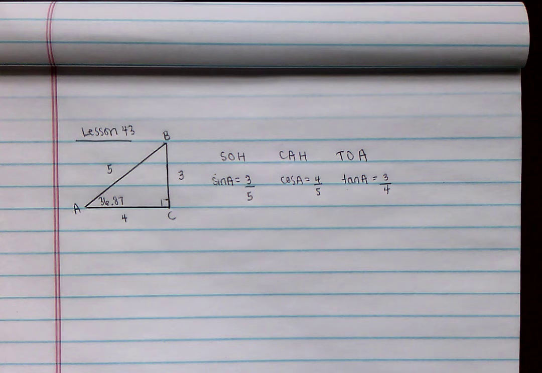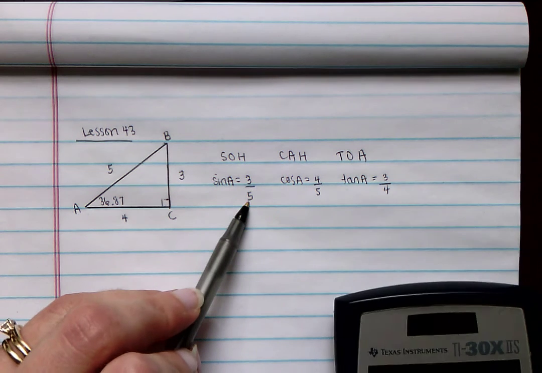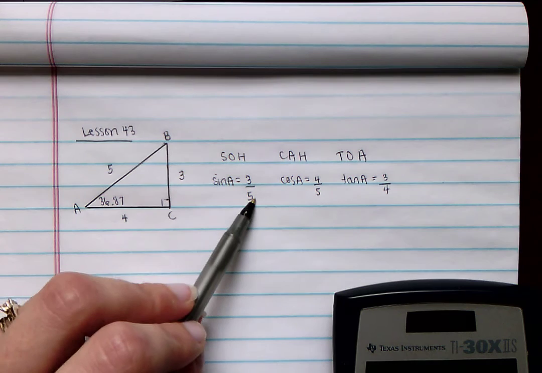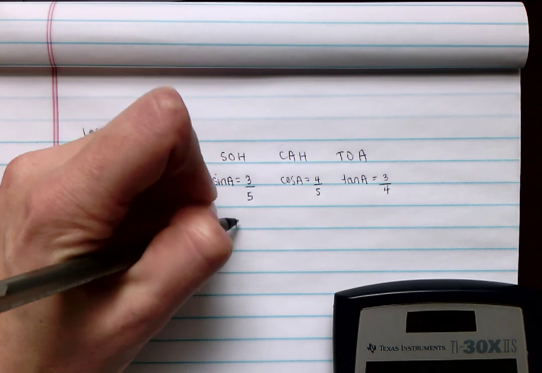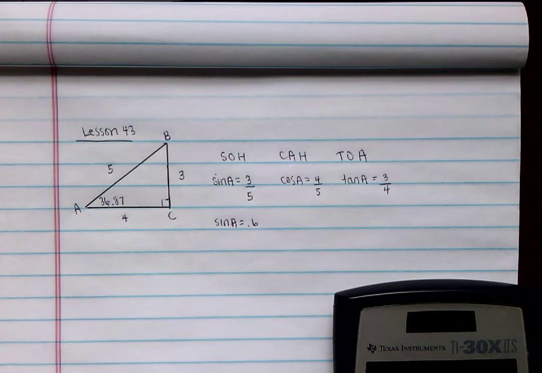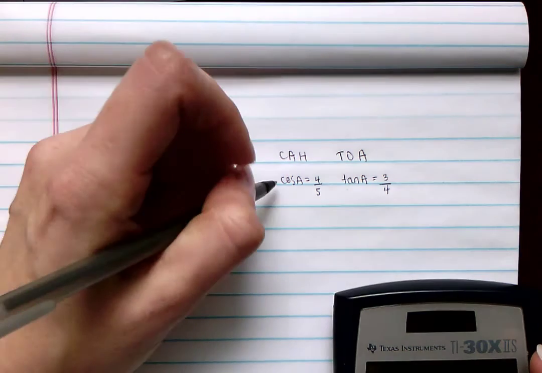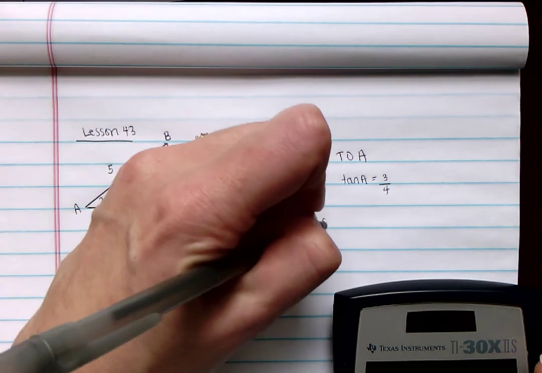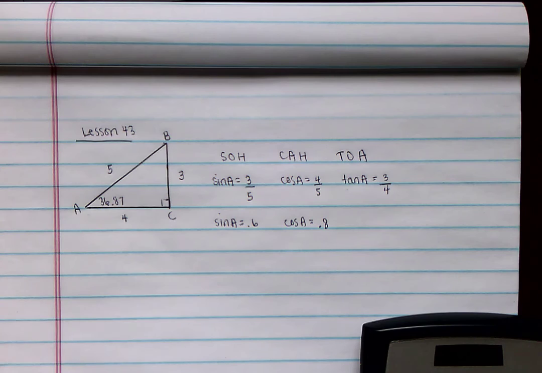If you wanted to, instead of the ratio, you could write it as a decimal. You could say, in your calculator, 3 divided by 5, you'll get 0.6. So you could say that sine of A is 0.6. For this one, cosine of A equals 0.8. 4 over 5 is 0.8.